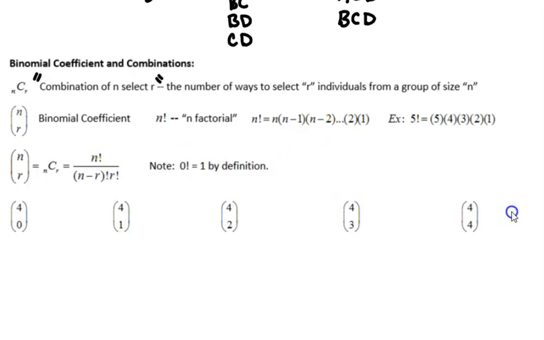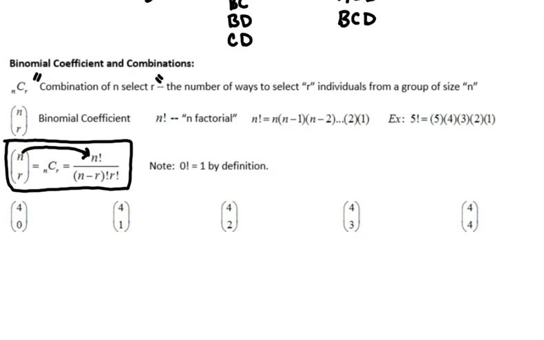Now here's the formula for a combination. I show both notations, either n select r as the binomial coefficient or n select r as the combination used in probability. But either way, here's the formula. N factorial. I want you to notice the n is the total number of items in the group, and r is the number we're choosing from the group.